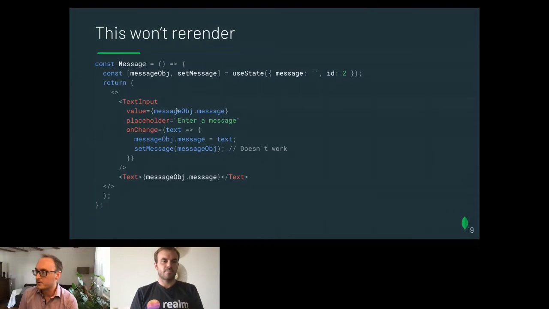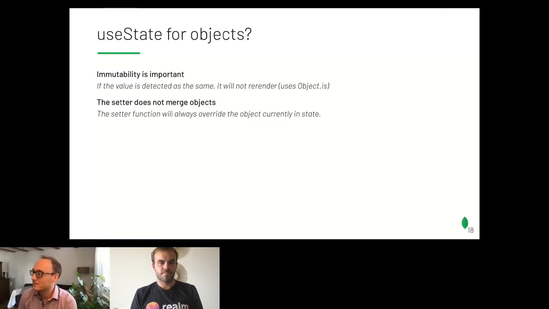Going back to the previous slide, that's what immutability is. The way we fix that is, if you set the state with an object, you want to make a copy of it. If you make a copy, the address will change, the state will be detected as new, and you'll get your message re-rendered.